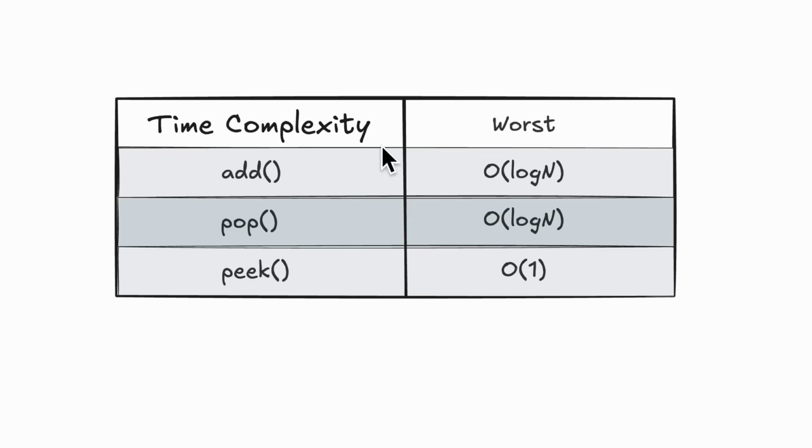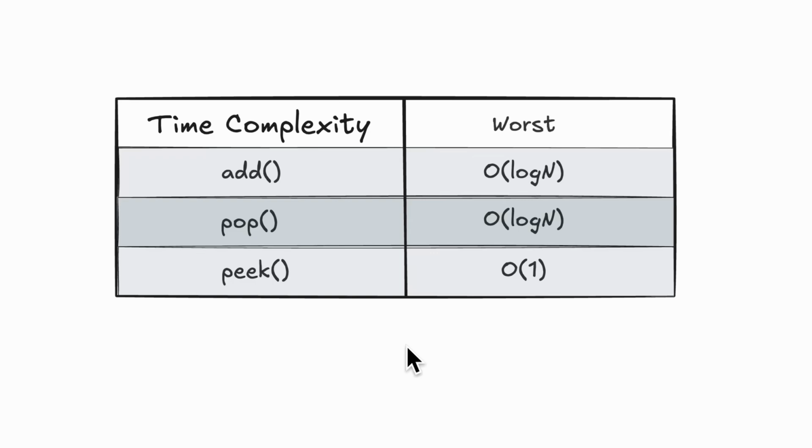So now let's check out the time complexity for each of these functions, add, pop and peek. In the worst case, the time complexity for add and pop would be log n. Why? Because of the heapify function. And why is it log n? Because a complete binary tree has a height of log n.